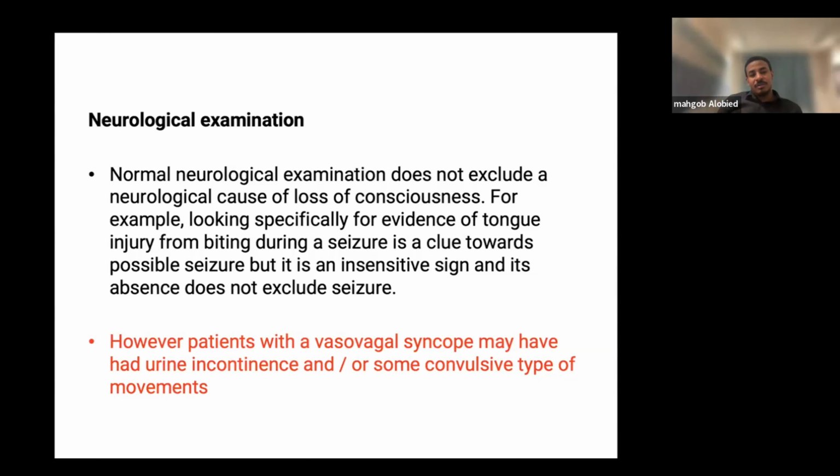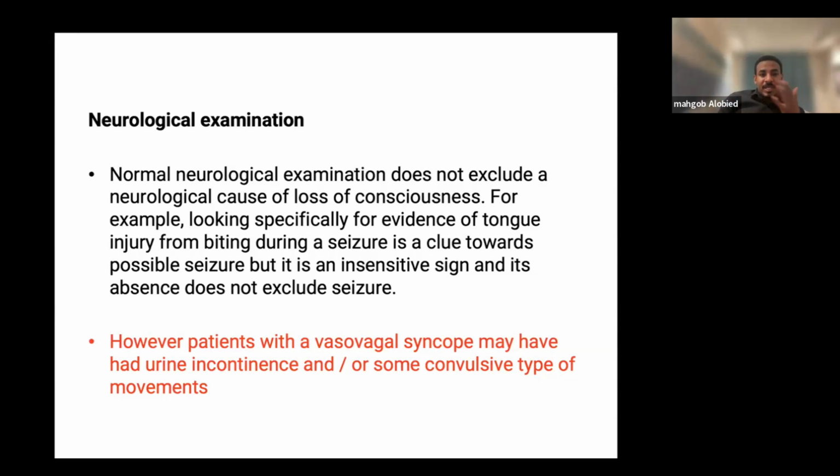And if findings are absent, that does not exclude seizure. Also, a patient with vasovagal syncope, as I said, can come with urine incontinence or even convulsion-type movement. Hopefully you can find a murmur, for example, that will help.